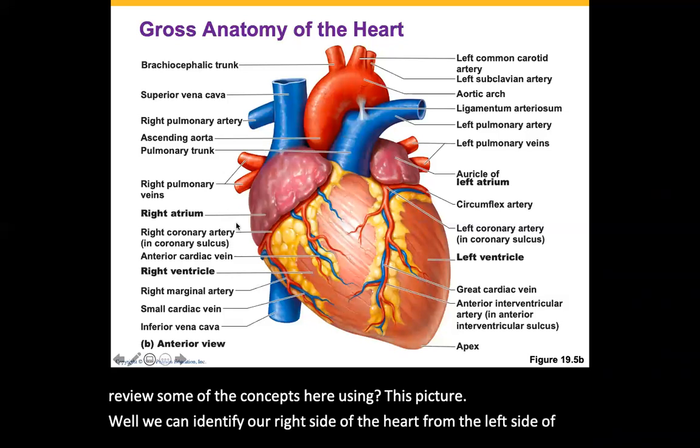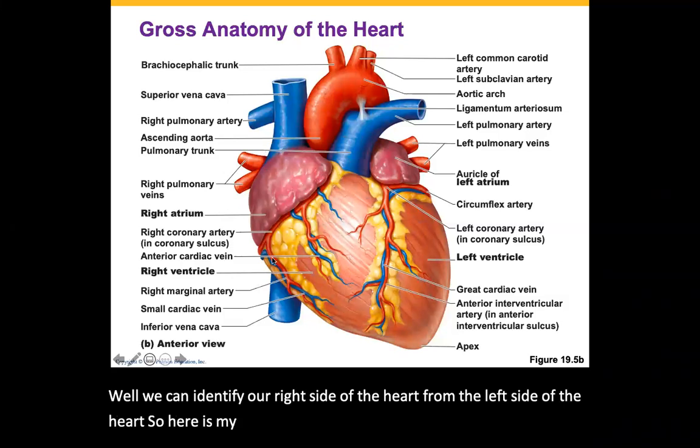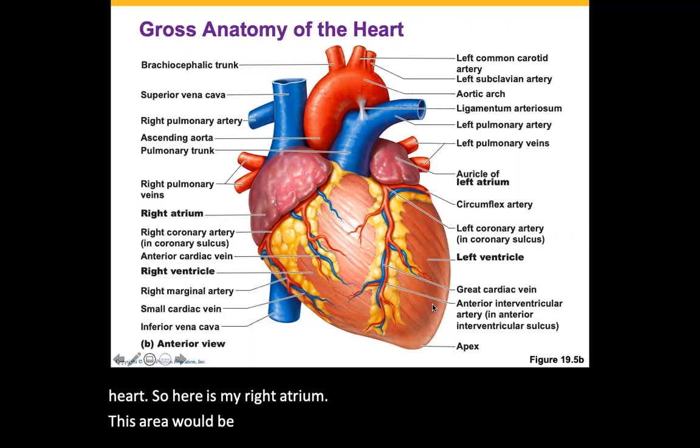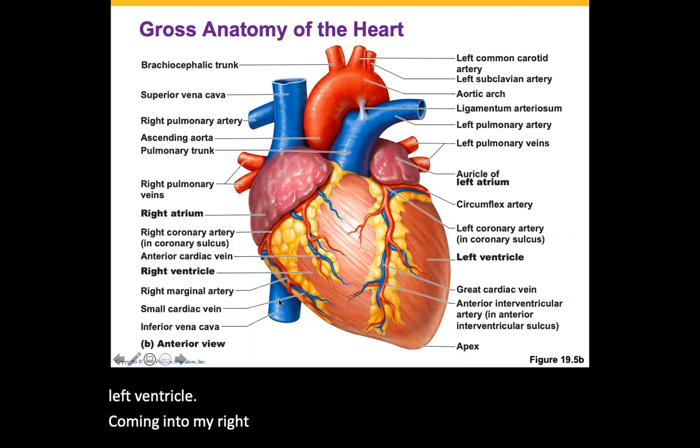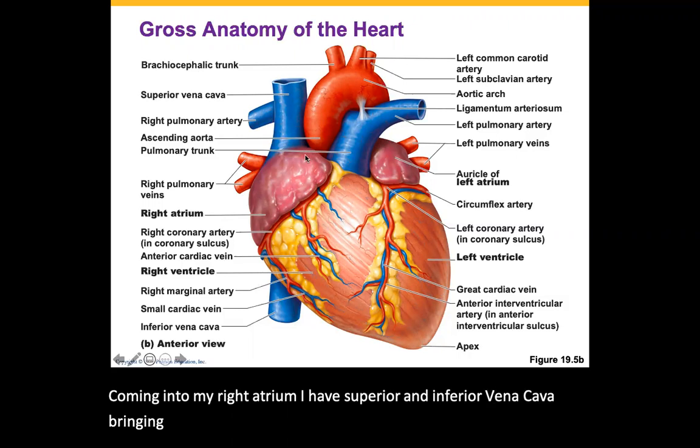So here is my right atrium. This area would be my right ventricle. This would be my left atrium and left ventricle. Coming into my right atrium, I have the superior and inferior vena cava, bringing deoxygenated blood from my systemic circulation.